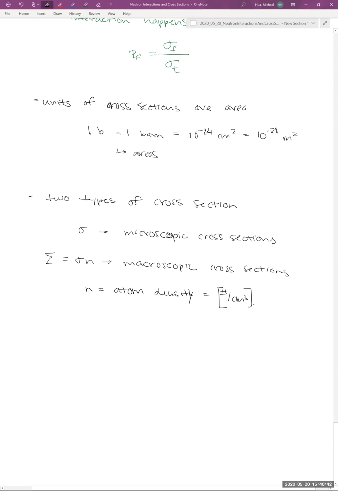So microscopic helps us answer questions like, given that the neutron interacts, what's the probability, given interaction, what's the probability of a particular interaction?